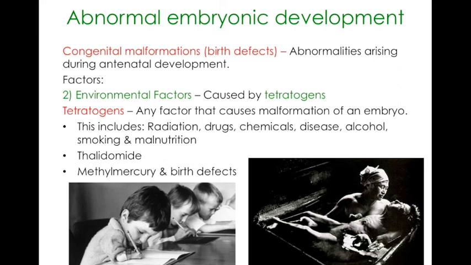Methyl mercury was one of those things that resulted in a big outbreak of birth defects in Japan in particular, where they were using it a lot, and as a result, there was a large proportion of babies born during that stage with birth defects related to mercury poisoning.